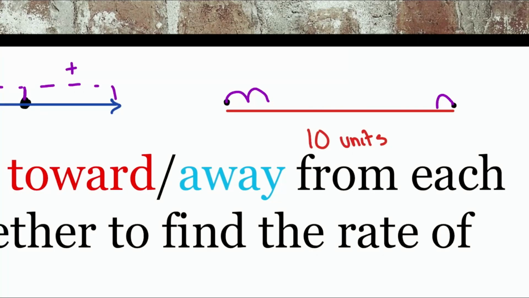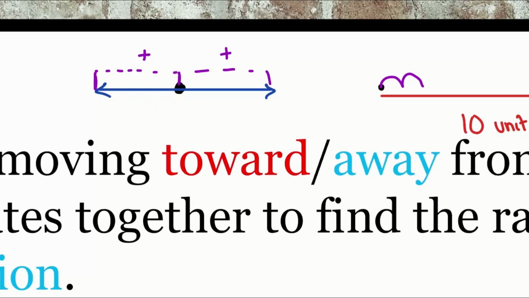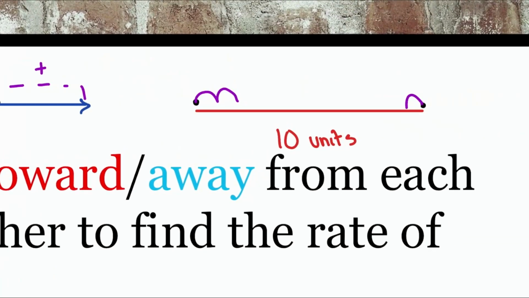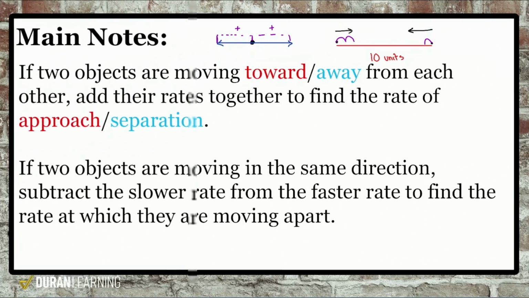But they are moving toward each other 3 steps at a time because it's 1, 2, and 3, making it now 7 spaces apart. So again, if they're moving away from each other or toward each other, we are still going to add those rates and add those distances to find out how far apart they are.